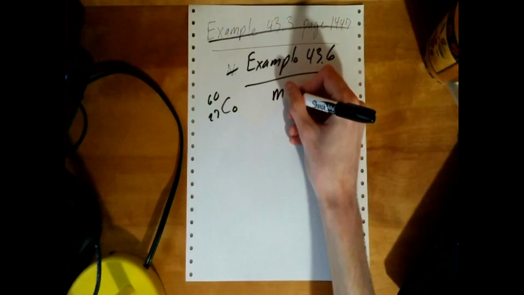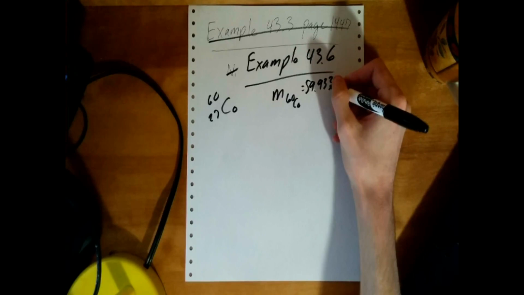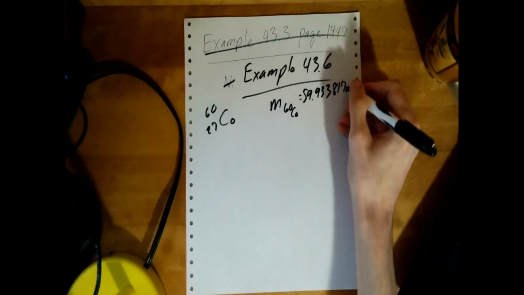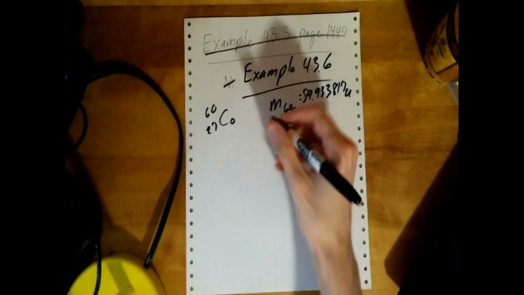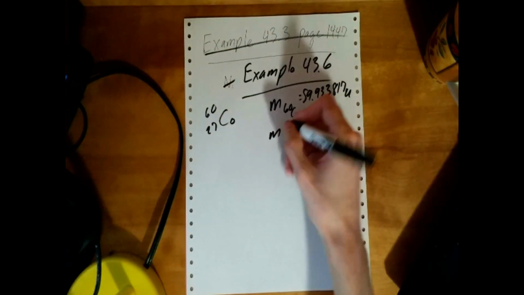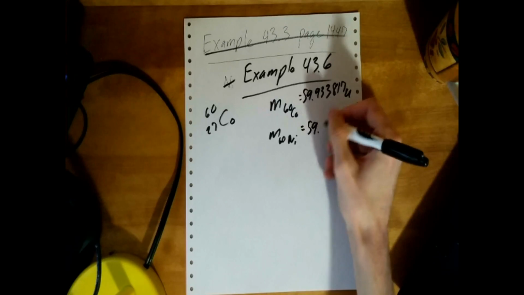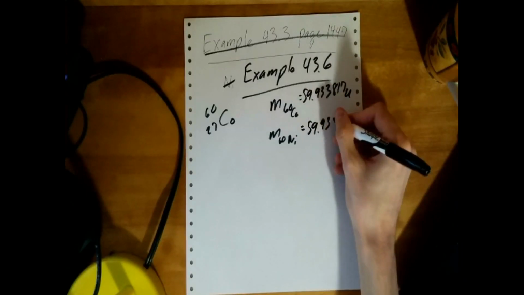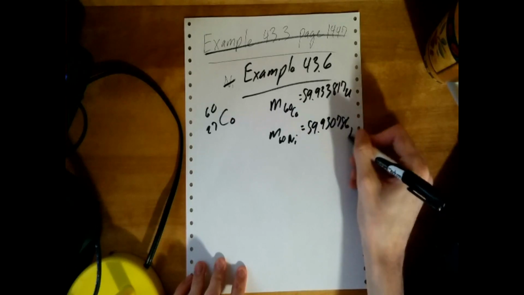We're told that it has an atomic mass of 59.933817 times U. And in case we need it, we're also reminded of the mass of nickel 60, which is 59.930786 times U.